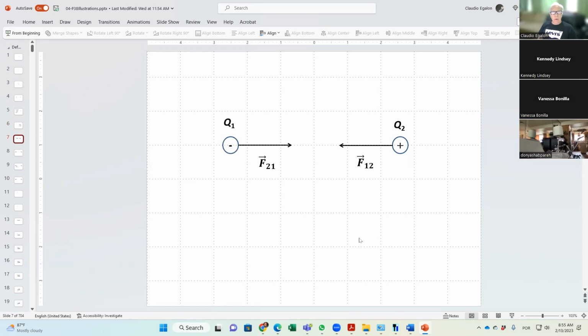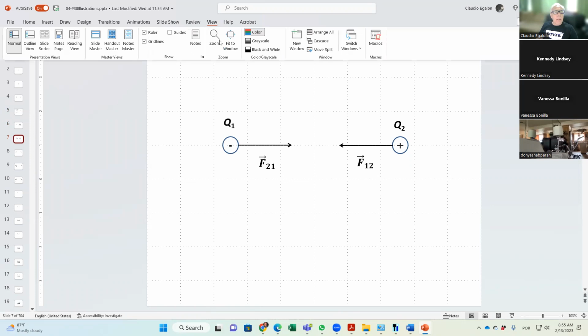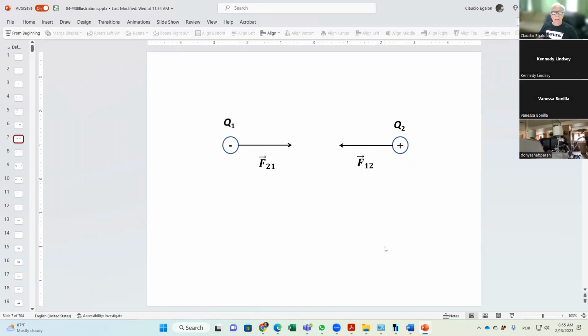And here are the two charges being subjected to the force, the action-reaction pair.